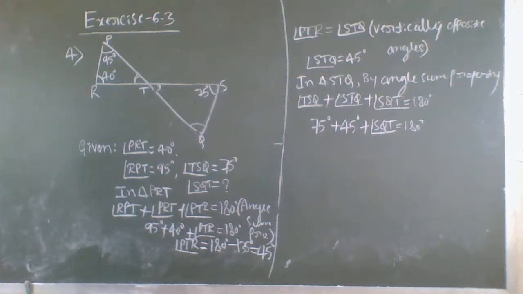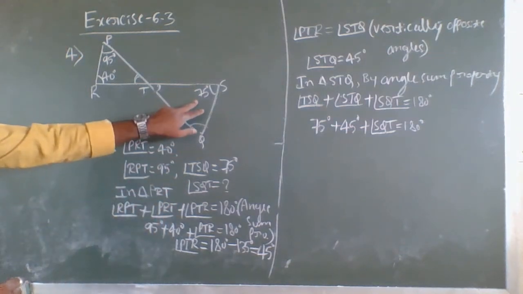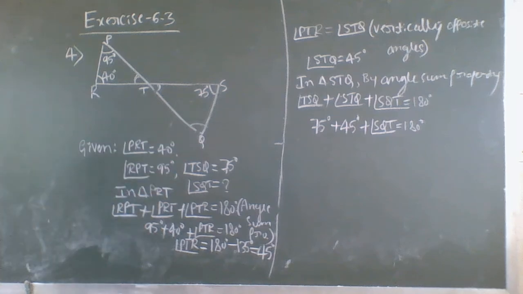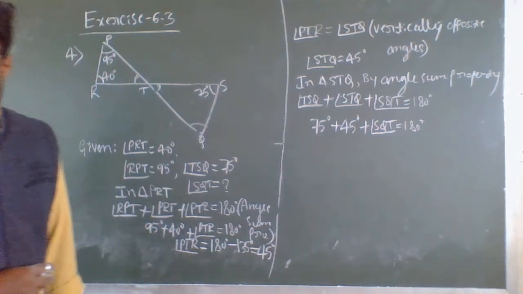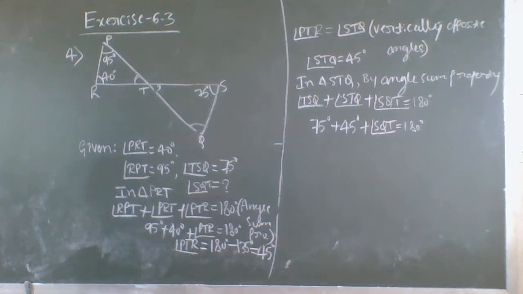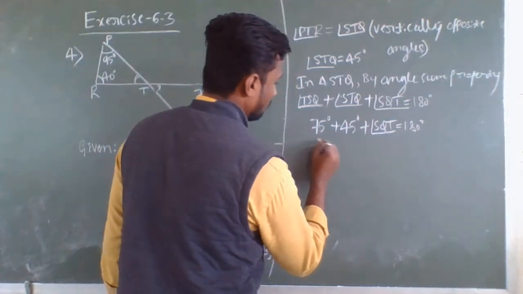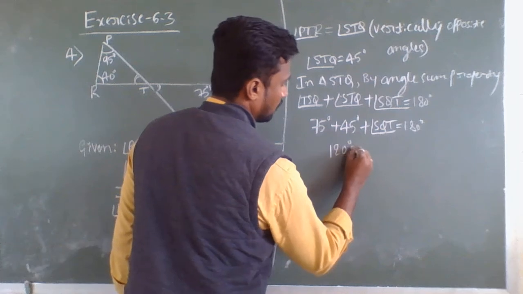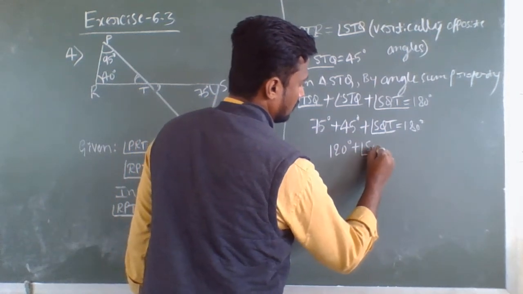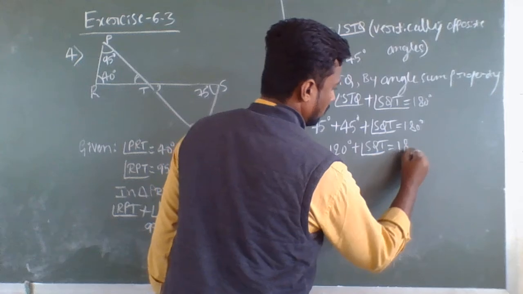75 plus 45 means what is the answer? 75 plus 45 means 120 degree. So here I write 120 degree plus angle SQT is equal to 180 degree.